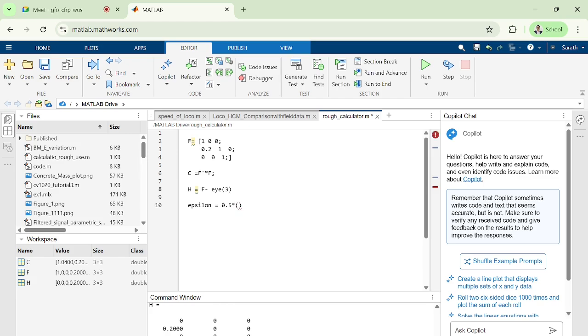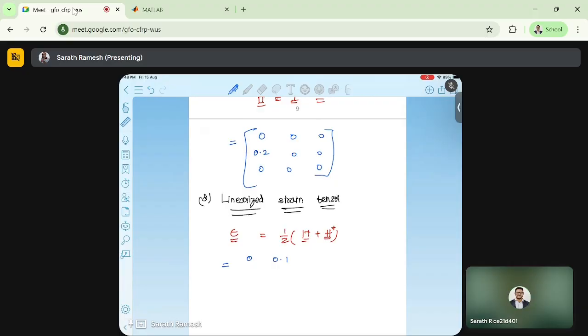I'm using it as a calculator. How much am I getting? Epsilon as 0, 0.1, and 0.1, 0, and the rest 0.